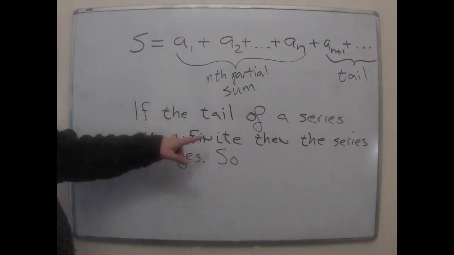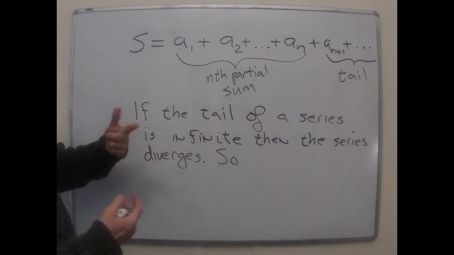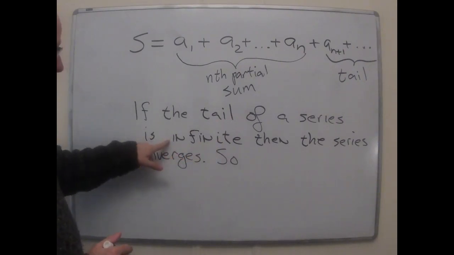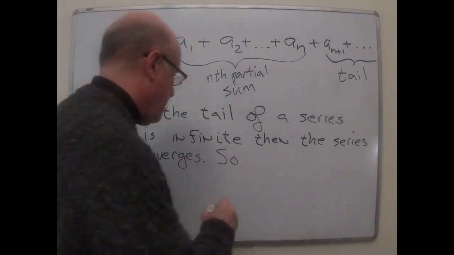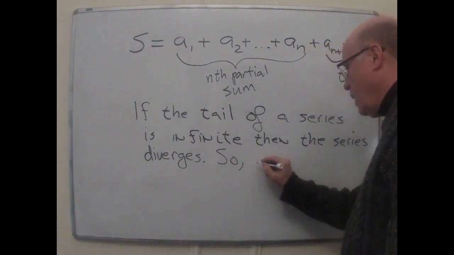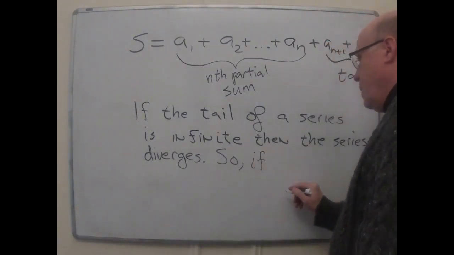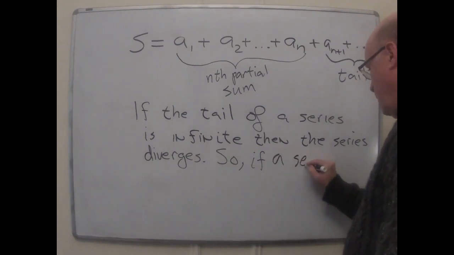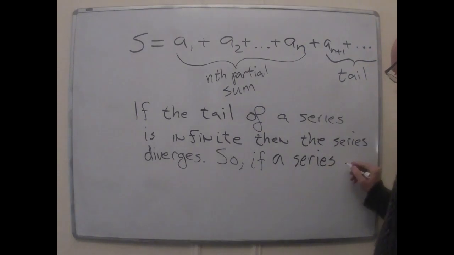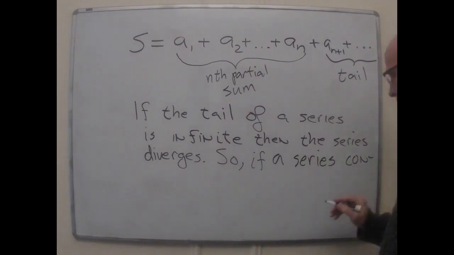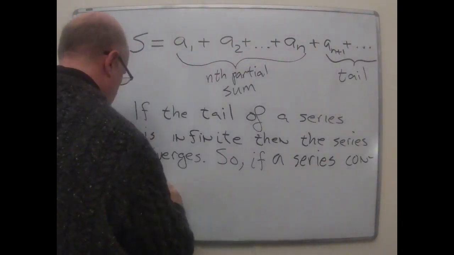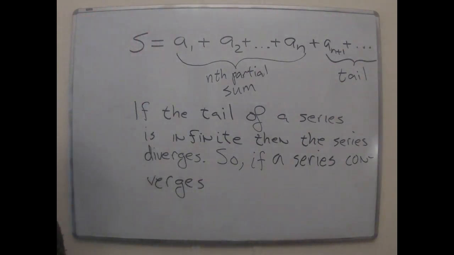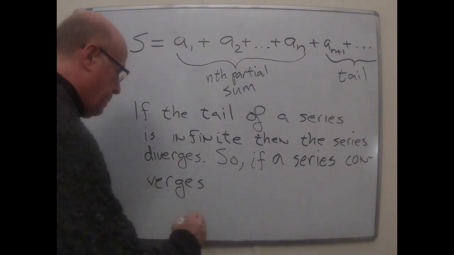That would be talking about the series not diverging but converging first, and the tail of a series being the opposite of infinite is finite. So let me say that out in words. If a series converges, its tails must be finite.